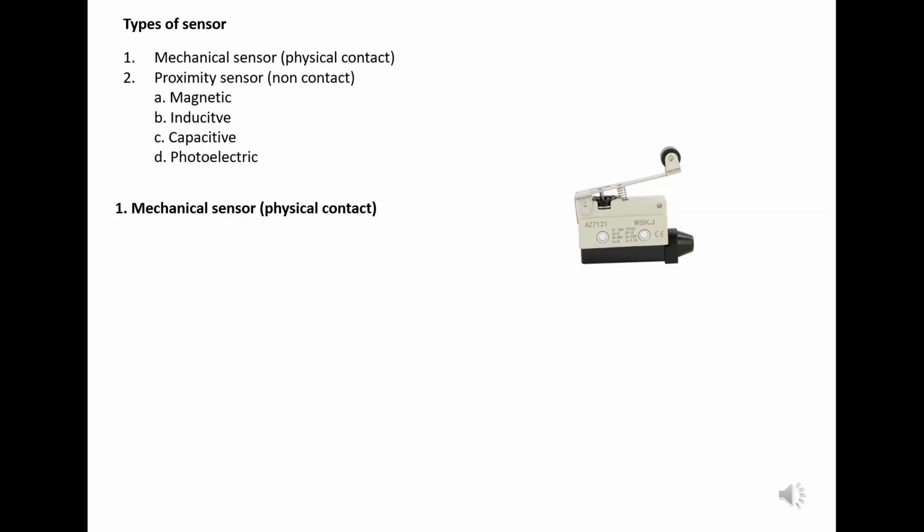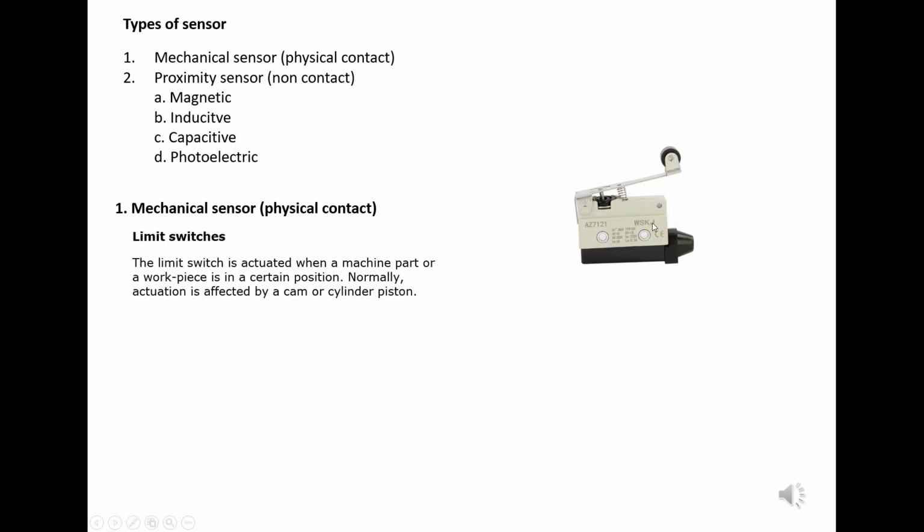Ini adalah gambar sebenar salah satu contoh mechanical sensor. Gambar sebenar mechanical sensor daripada pelbagai rupa dan binaan sensor yang terdapat di pasaran. Walaupun rupanya berbeza, binaan mungkin nampak berbeza, tetapi cara mechanical sensor ini berfungsi tetap sama.